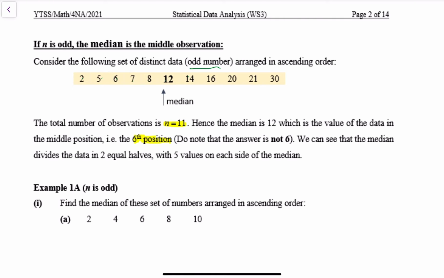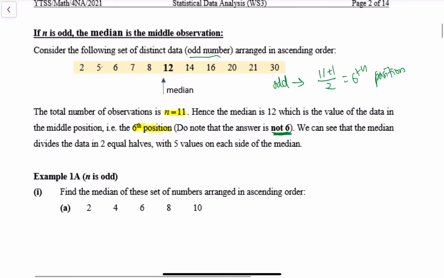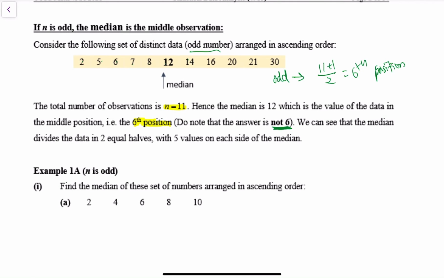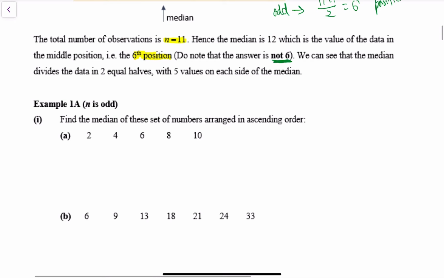So when your number is odd, remember, to find the median, you have to take the total number of the set plus 1, then divide by 2. Then you get that this is the 6th position. The answer is not 6, but it's the 6th position. You see that I never write down just 6, I write 6th, because it's a positional thing.